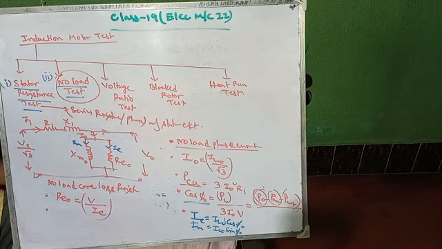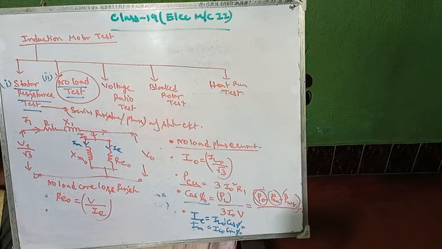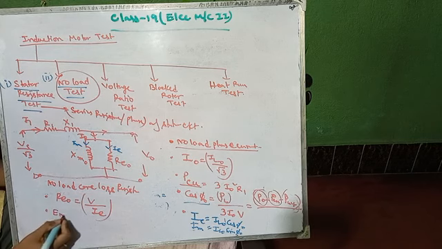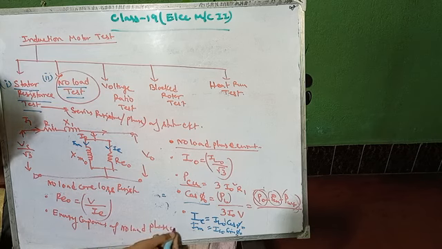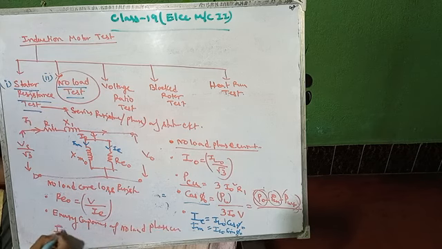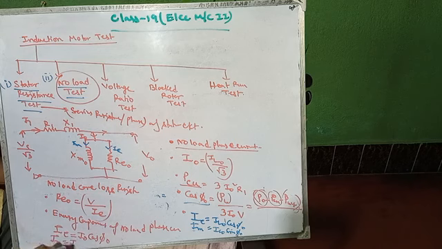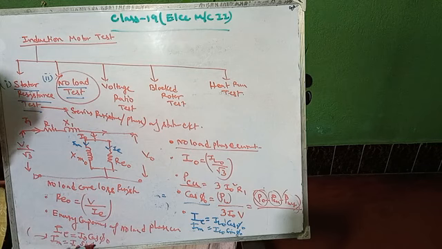And next, energy component of no load phase current, that is IE equals I naught cos phi naught, and similarly Im, the magnetizing component, equals I naught sin phi naught.